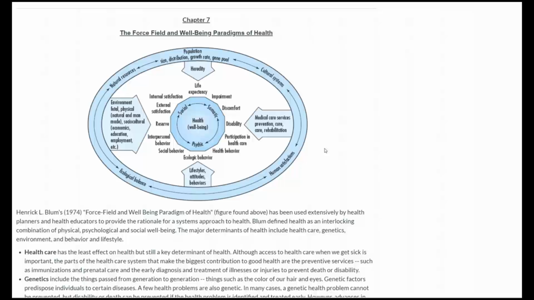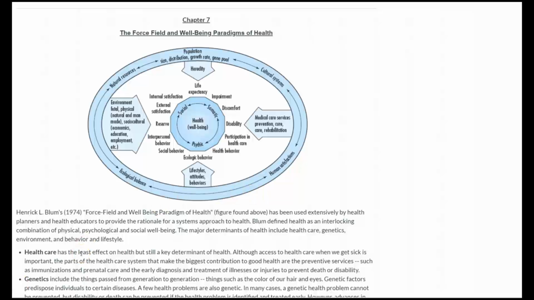And it's been used extensively by health planners and health educators to provide the rationale for a systems approach to health. The idea here is that health is an interlocking combination of physical, psychological, and social well-being. So the major determinants of health include healthcare, genetics, environment, and behavior and lifestyle.